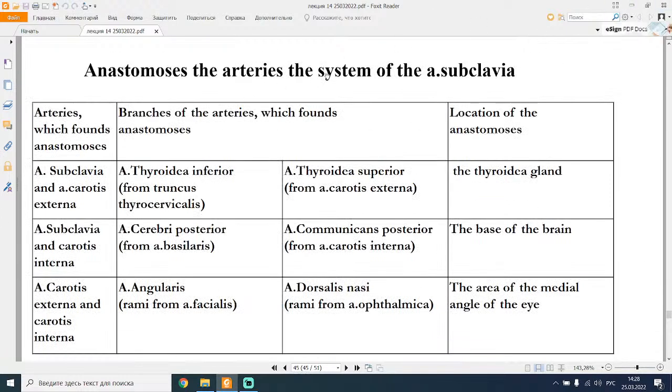You see a table of the next anastomoses. Anastomoses of arteries, the system of the arteria subclavia. In the table you see arteries with anastomoses, branches of arteries with which anastomoses are found, and the location of the anastomosis.